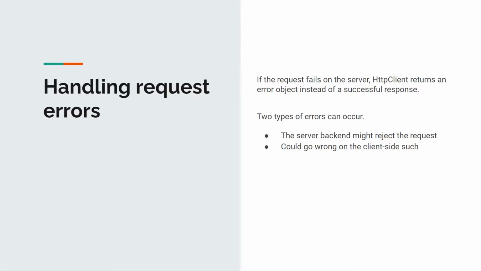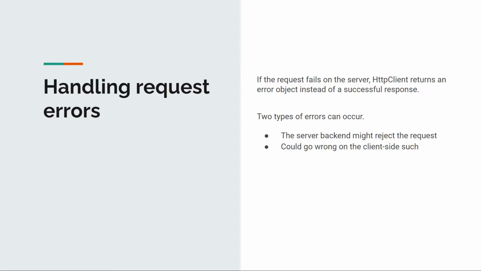The other thing is that something could go wrong on the client side. When we talk about the client side, it could be a network error that prevents the request from completing successfully, or an exception thrown in RxJS operations. Okay, we will talk about it later. Now let's go to our code examples on how to handle these HTTP request errors.